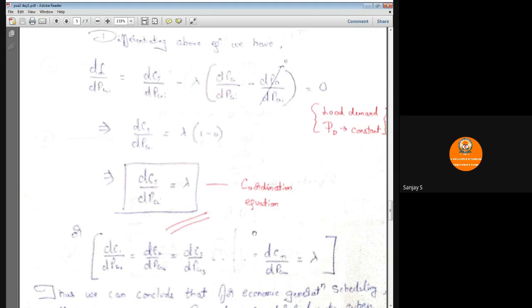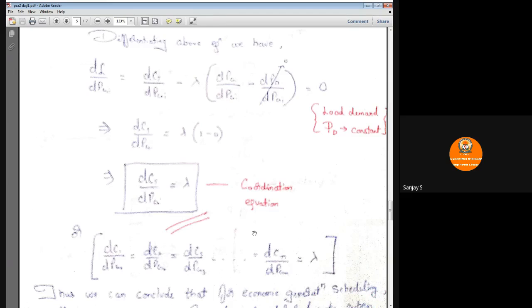What is dC by dP? What does it represent? In the performance curve, we have studied about it. It is basically incremental fuel cost. Is it not? Okay. So from this expression, we can understand that in order to go for economic operation, all the plants must operate with equal incremental fuel cost.